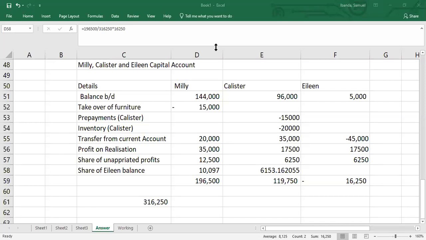Maybe Calista remains solvent. I use the ratio that is 2 to 1 to get the answers. That is what Fiona used. Fiona used the 2 to 1. Okay. Somebody's unmuting to say something.